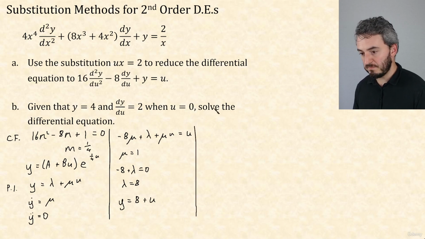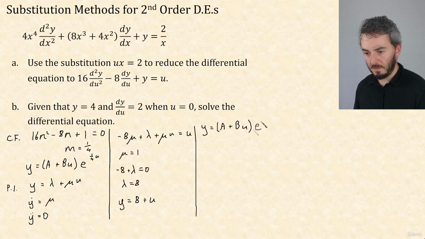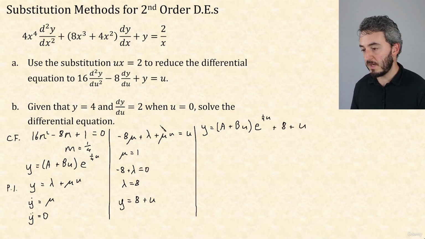So that means my general solution is y equals a plus bu e to the quarter u plus the particular integral 8 plus u. Now we can find our a's and b's. So let's differentiate.